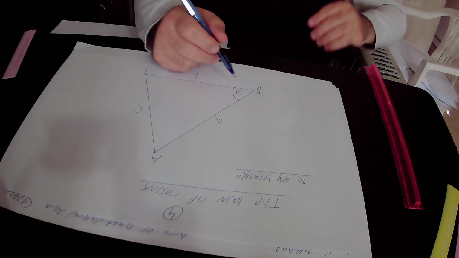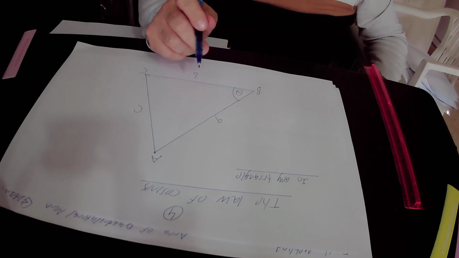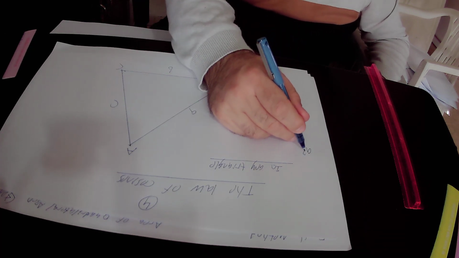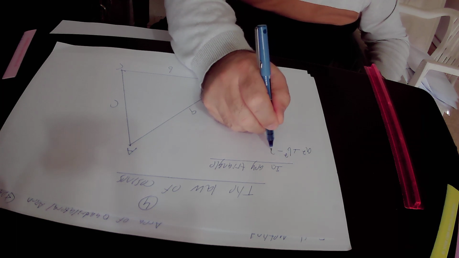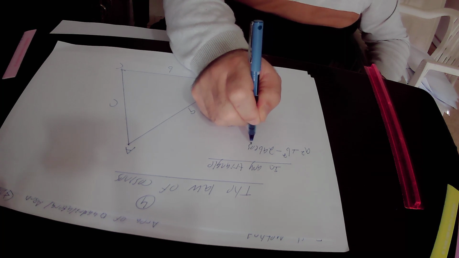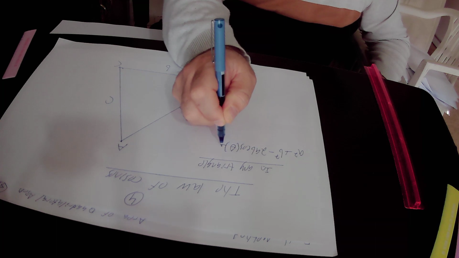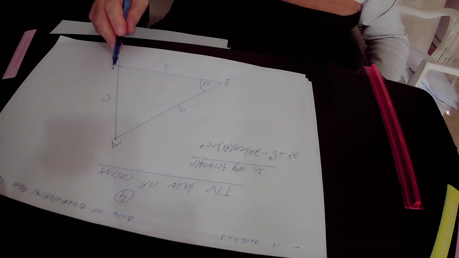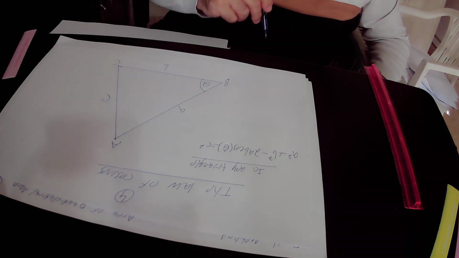Then, according to the law of cosines, A squared plus B squared minus 2 times A times B times cosine theta equals C squared.